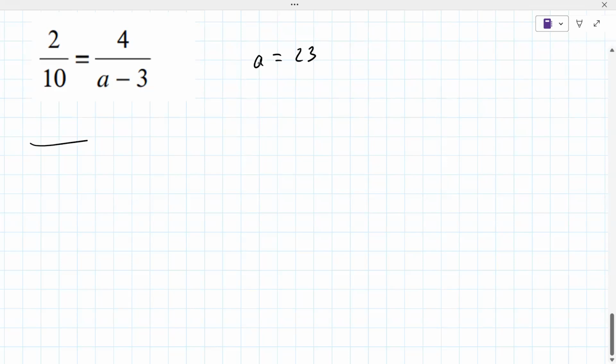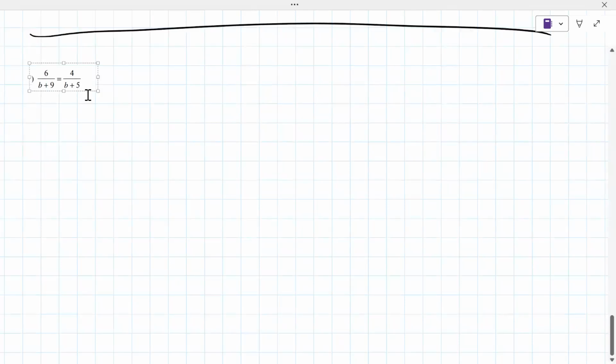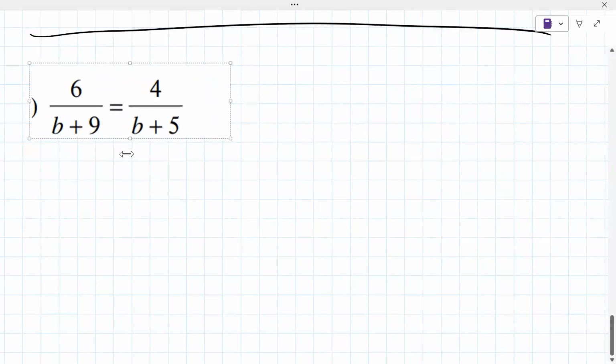Now, the next type of problem, I'm gonna pull up here. You're gonna notice right away something a little bit different than what we've been seeing. So this time, the solution strategy is still the same. You still cross multiply.